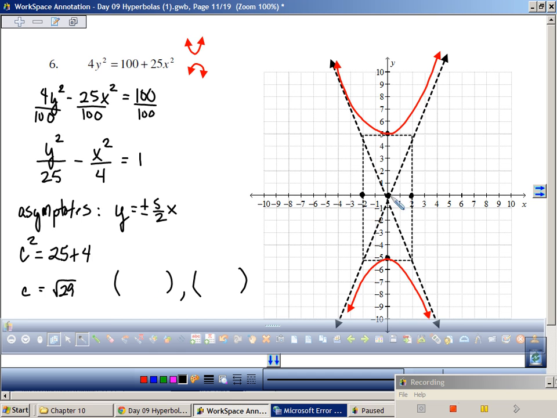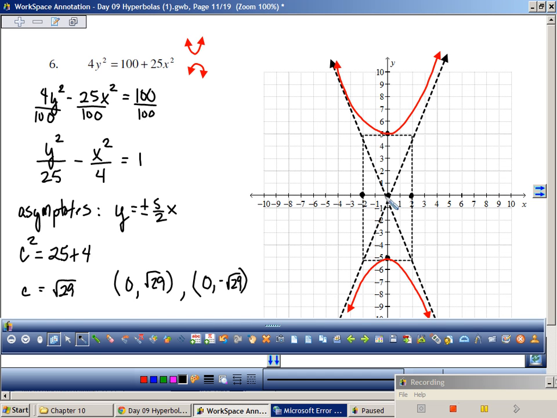And I'm going to go where? I'm going to go up. No. We're at 0. Up where? Up how much? It's like in between 5 and 6, right? Up root 29? Down root 29.